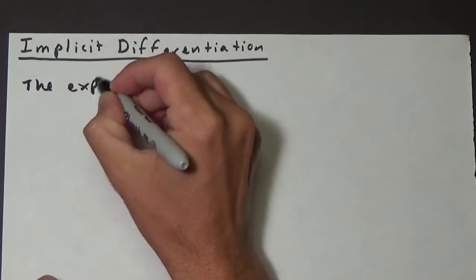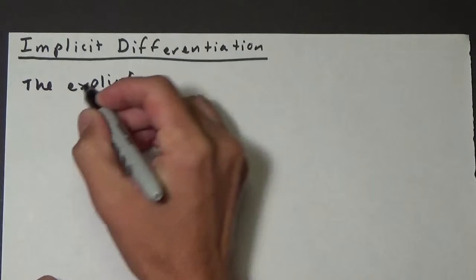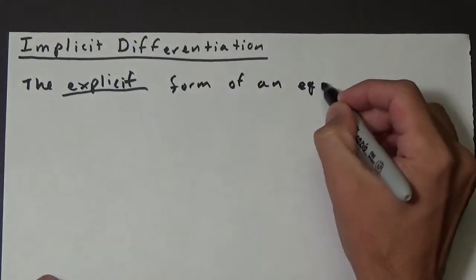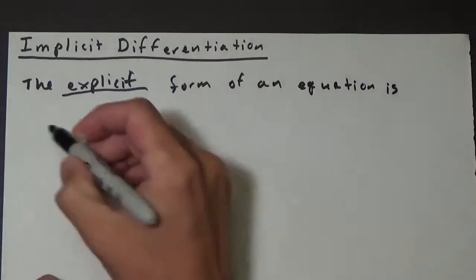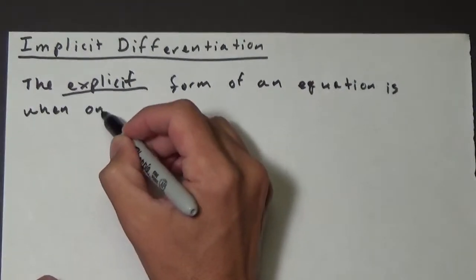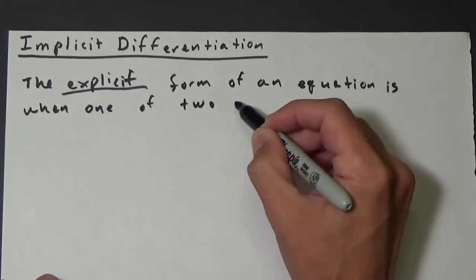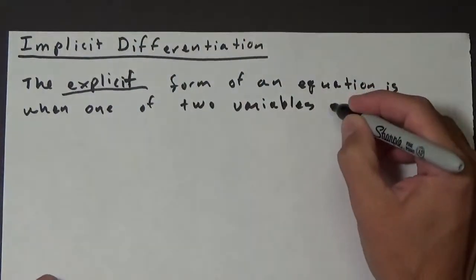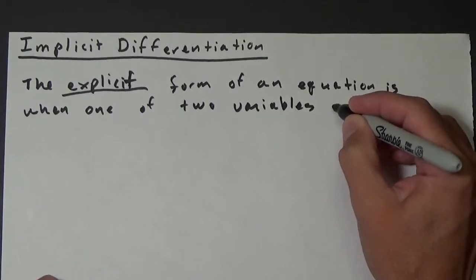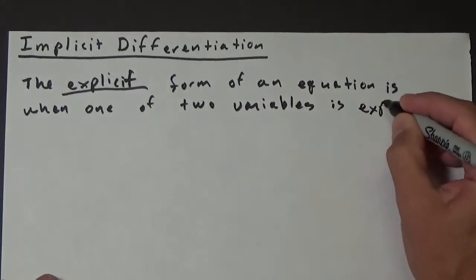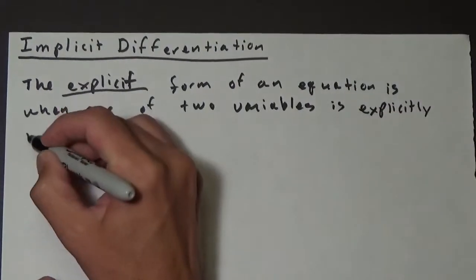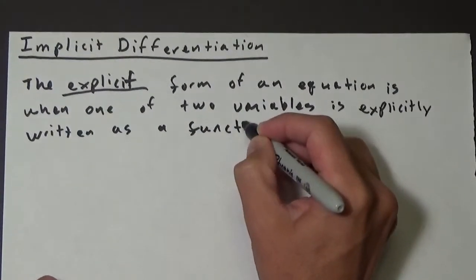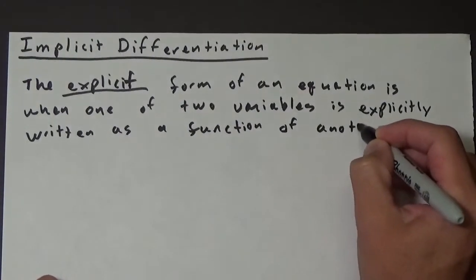The explicit form of an equation is when one of two variables is explicitly written as a function of another.